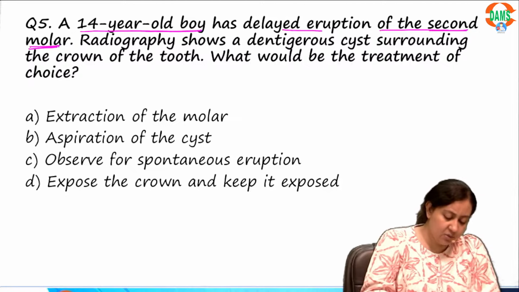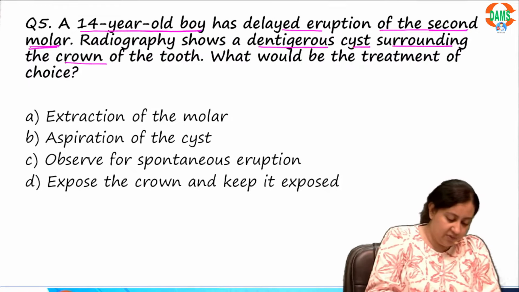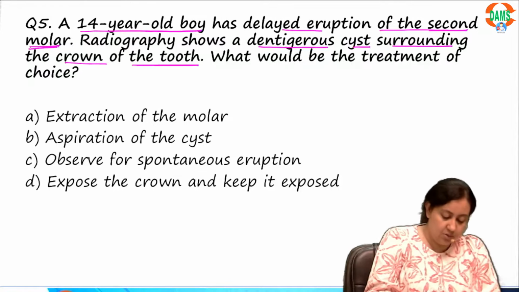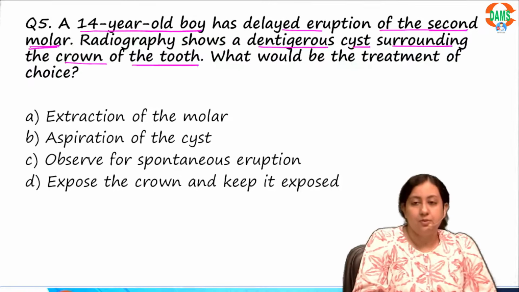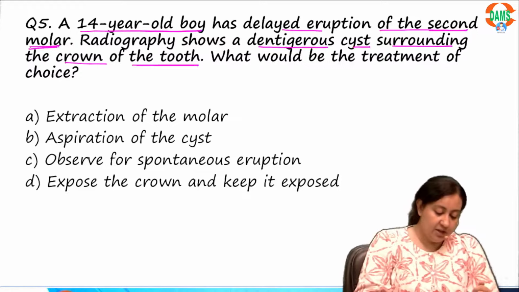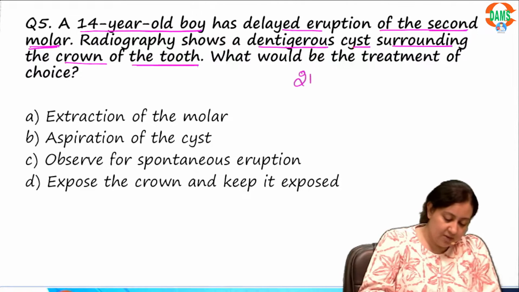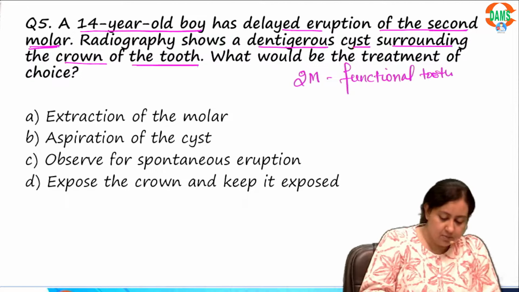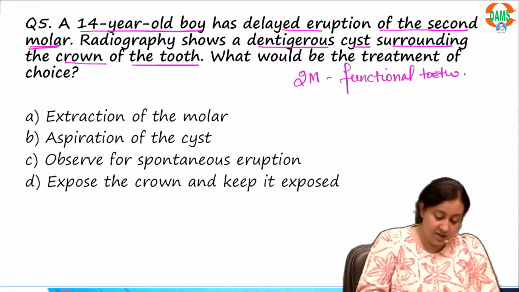The radiograph shows a dentigerous cyst surrounding the crown of the tooth. So there is a cyst associated with the tooth. In a 14-year-old boy, the second molar is a functional tooth, so we will try and save it.